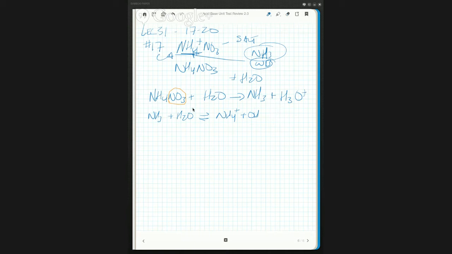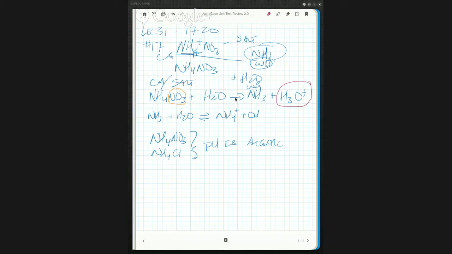Okay. So what that means is, if you remember, this is the conjugate acid, and this is the weak base. But when you have that salt and it hydrolyzes with water, it becomes acidic. So if you have NH4NO3 or NH4Cl or something along those lines, the pH is acidic, because it produces H3O plus.